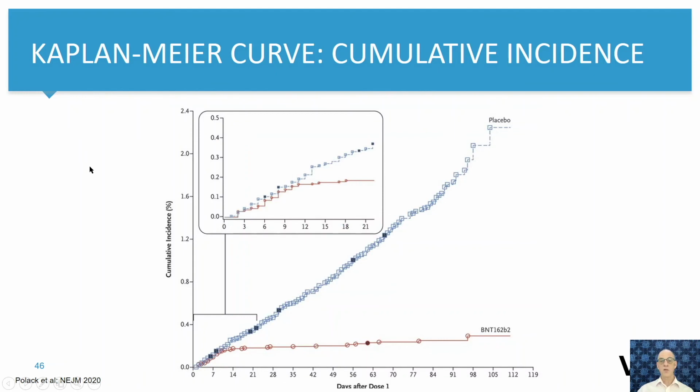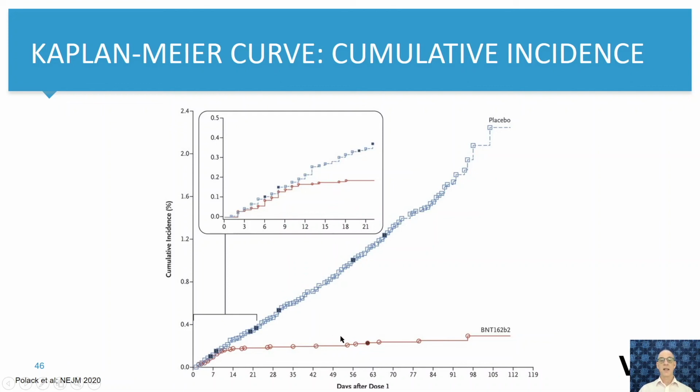And one of the most important of these Kaplan Meier curves from the last 2 years is actually this one. This is showing the result of the first vaccine trial of the COVID vaccine. The authors have chosen to use the form of the cumulative incidence. So it plots the proportion of people in the vaccine group compared to the control group who got a proven COVID infection after the start of the trial.